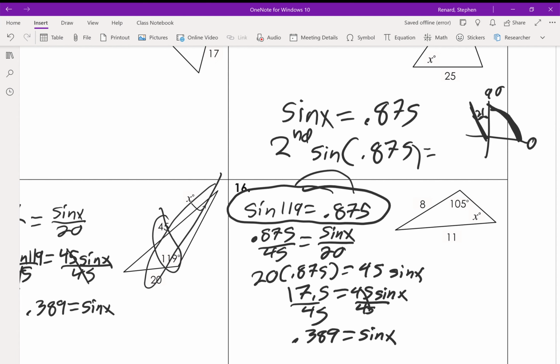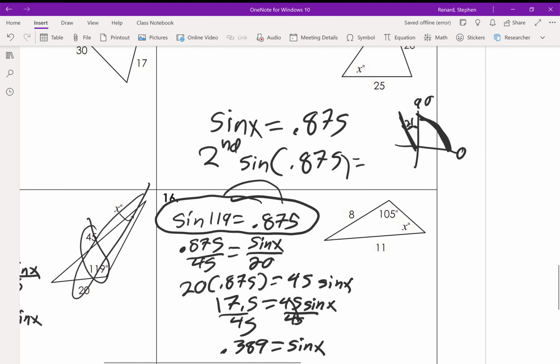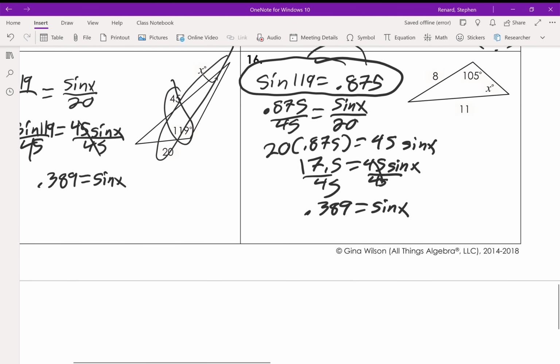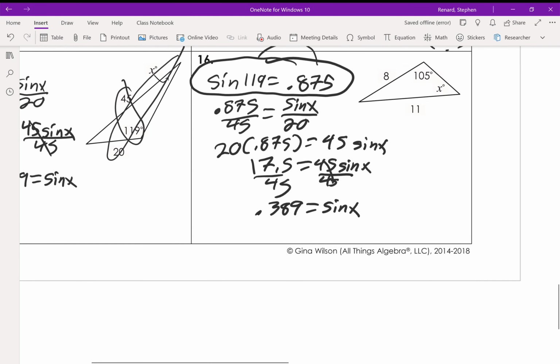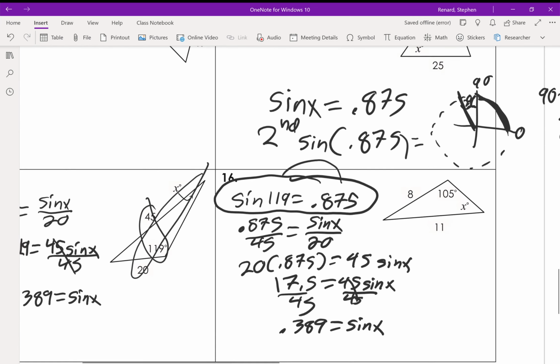So 90 plus 29 is 119. 90 minus 29 is 61, which is what we get if we do the inverse sine. But anyway, that took a weird little turn that hopefully didn't confuse everybody.